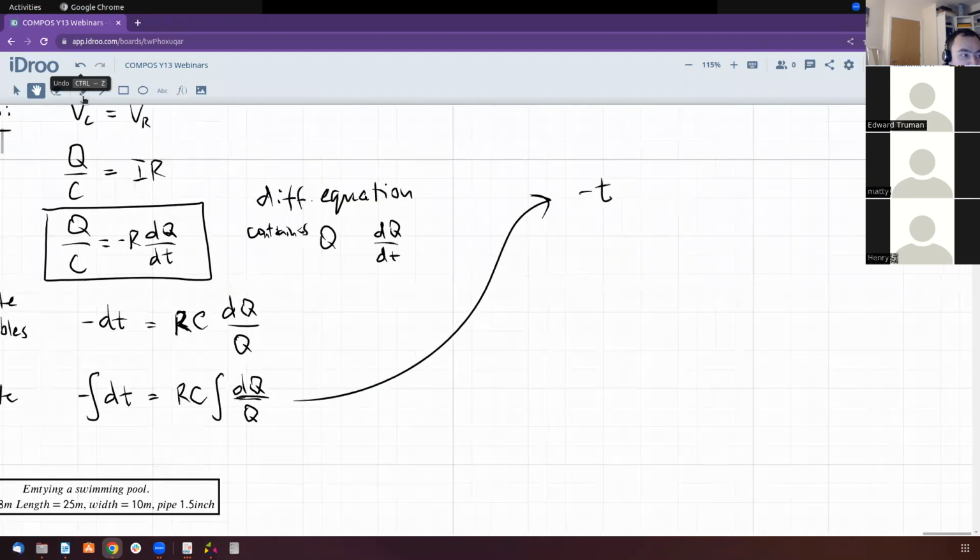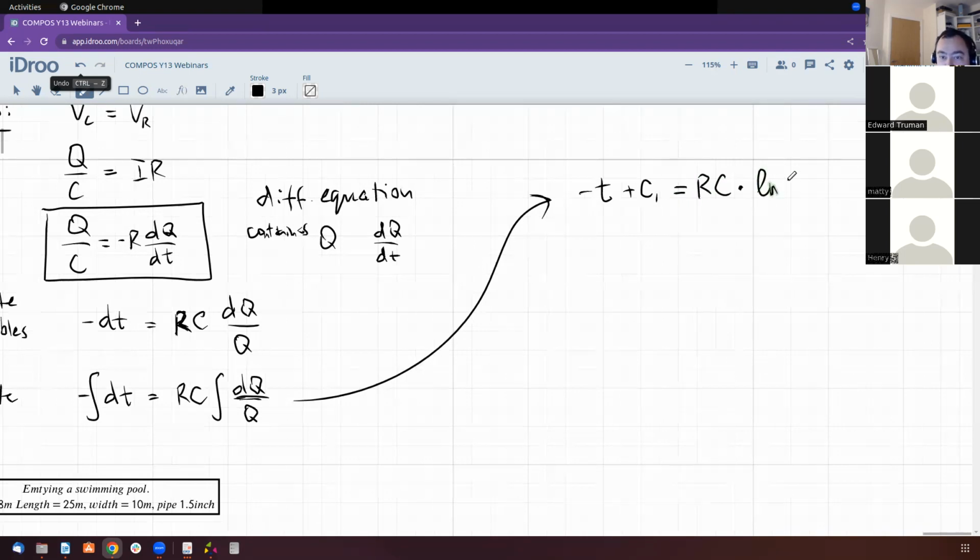Okay, I'll write plus c1 just to make it clear what I'm doing next. Equals what's the integral of dq over q? Ln q, by all means.